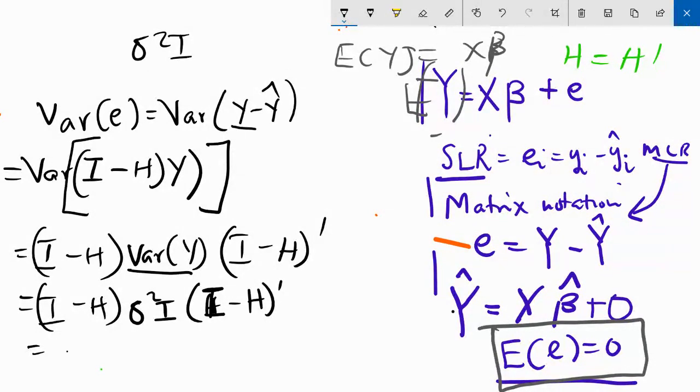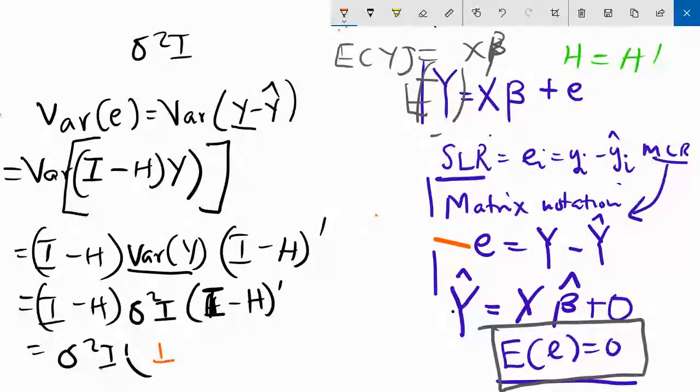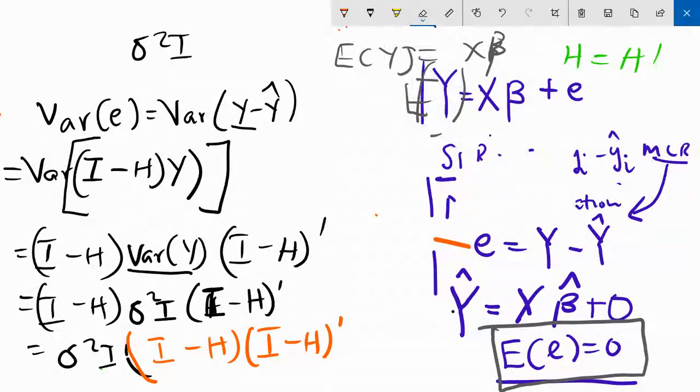Now we can take the sigma squared out. We'll be left with I minus H, the bracket here, multiplied by I minus H. Now I can remove this part because it was related to this part here.